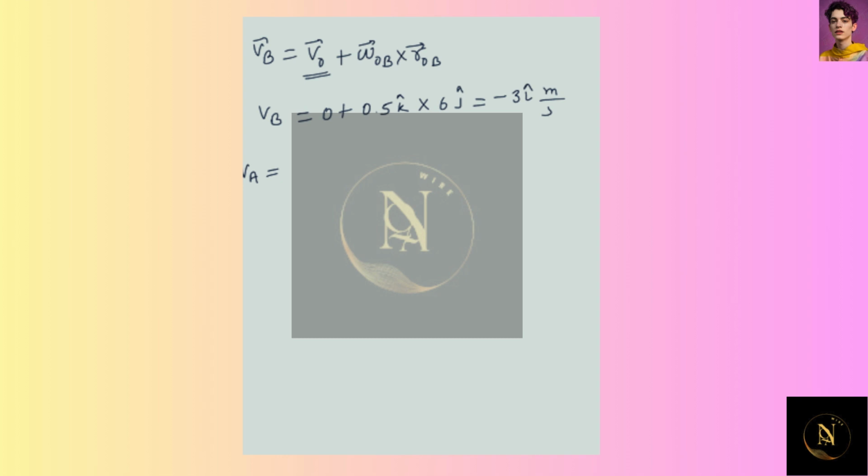After having V_B, we can calculate V_A equals V_B vector plus omega_AB vector cross R_BA vector.